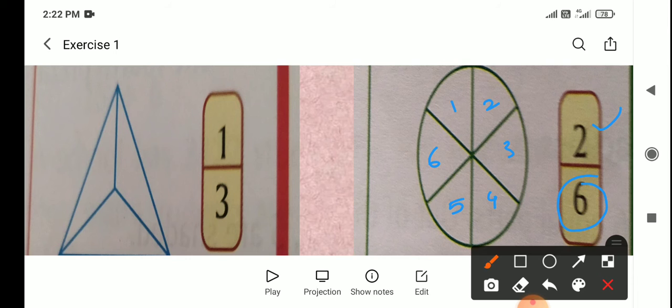So we will shade these 2 parts. In this way we shade the given fraction.